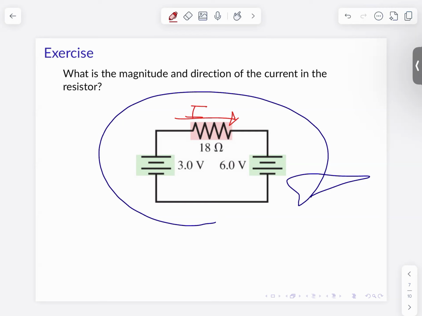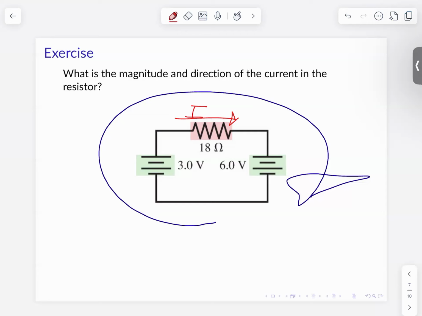Which side of this resistor is its positive side? Where's the higher voltage side of this resistor? Nope. Current likes to flow positive to negative. In a resistor, current always flows downhill. I have guessed that current is flowing right, therefore right is downhill.